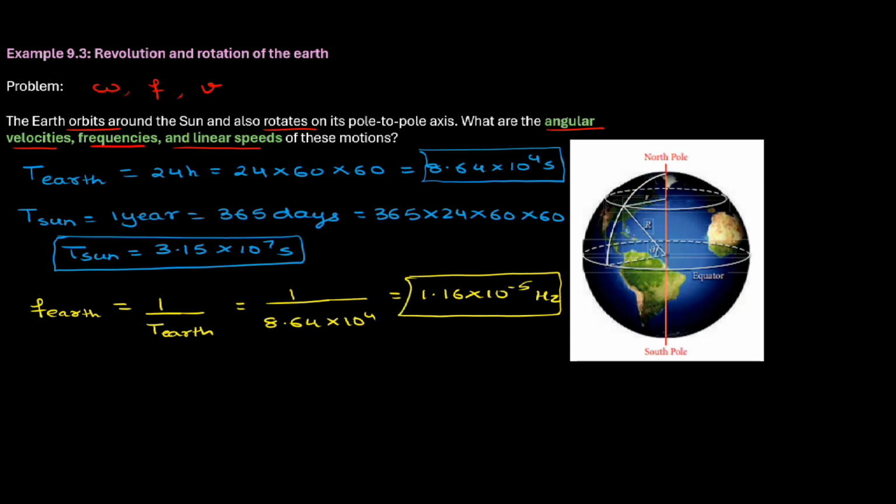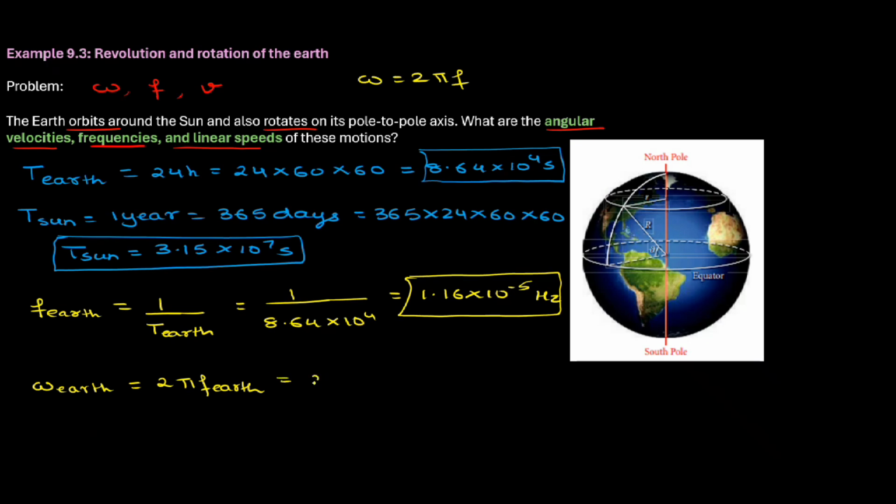Once I have the frequency of rotation, I can find the angular velocity. Angular velocity of rotation of the Earth is nothing but 2 pi times the frequency. This is the relationship between angular speed and frequency. Angular speed omega is equal to 2 pi f. And I'm going to use this to find my omega.